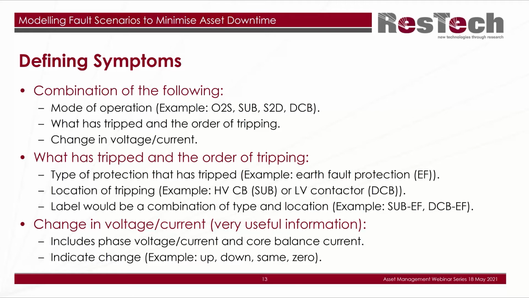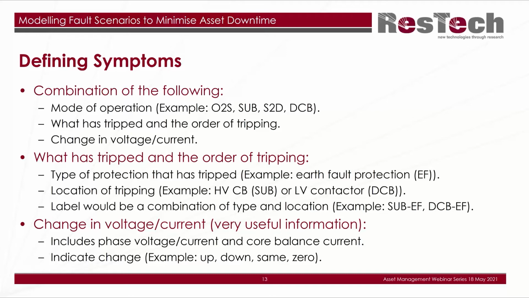The last piece of the puzzle is the change in voltage and current. In fact, this is very useful information and probably sometimes overlooked when debugging. Generally, when something trips, everybody goes to the point of this particular device tripping, so let's look at everything downstream of it and start measuring motors, measuring cables, swapping out equipment until the plant starts operating.